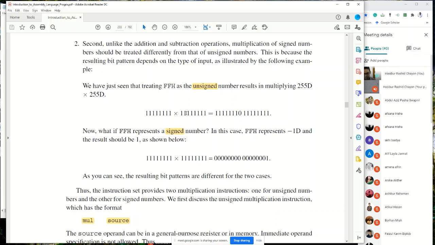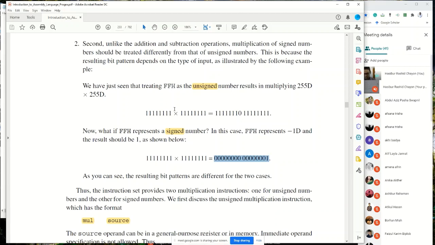Previously all 1s meant 255 because it's an unsigned number, but if you think it's a signed number, all 1s in 8 bits means -1, not 255. So this is -1, and that is again -1. So -1 multiplied by -1 is +1. That is the result.